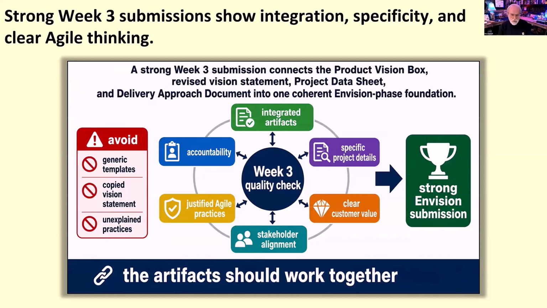The week 3 submissions, the strong submissions, show integration, specificity, and clear agile thinking. The most common mistake is treating all these things as a set of disconnected things. They're all integrated. The project vision box, the revised project vision statement, the data sheet, and the delivery approach document should all support one another.